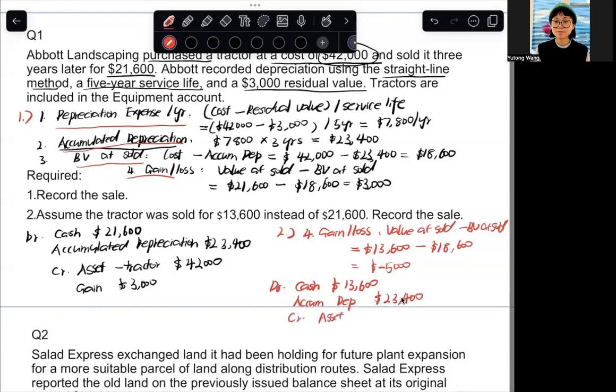Asset, tractor, so that's the book value at the beginning, no change. So the only thing that changes here is that it's not a gain anymore, it's a loss.